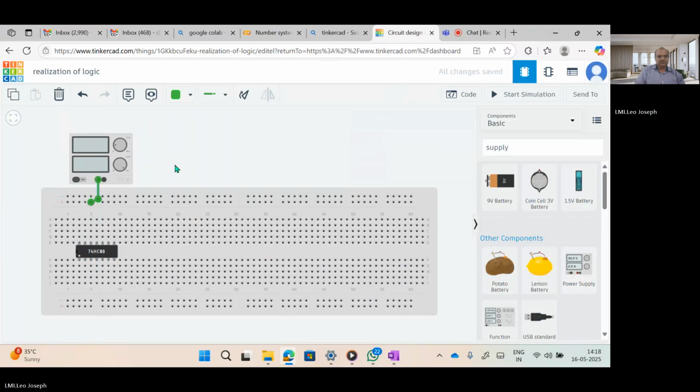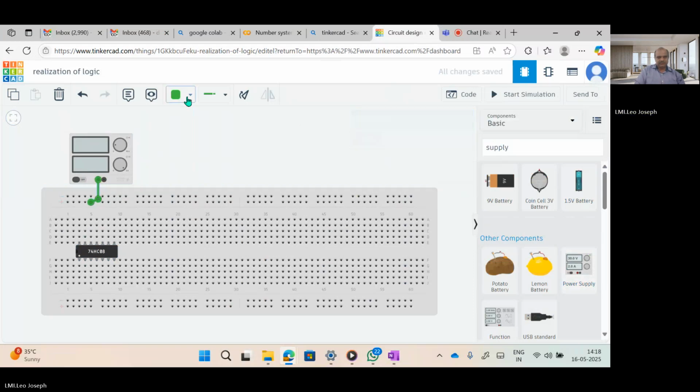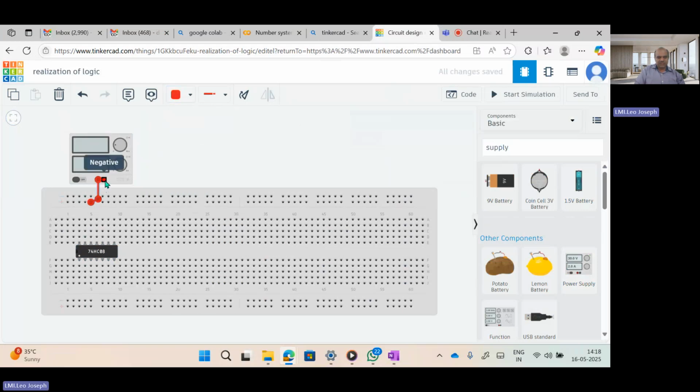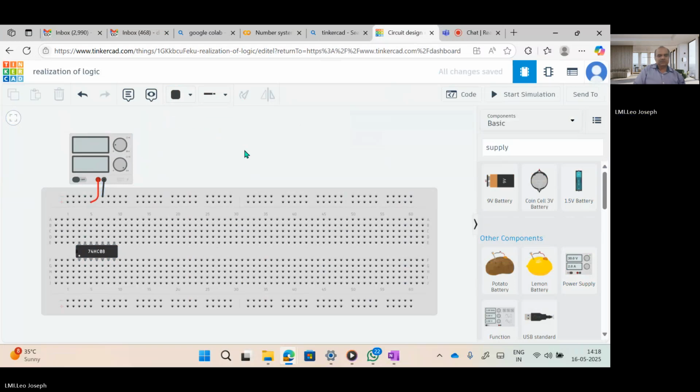Okay, this is connected, and I am changing the color of this wire to red color. And I am taking one more wire and connecting it to the negative terminal, the negative rail of the breadboard.